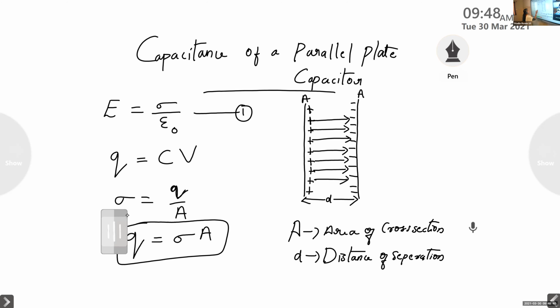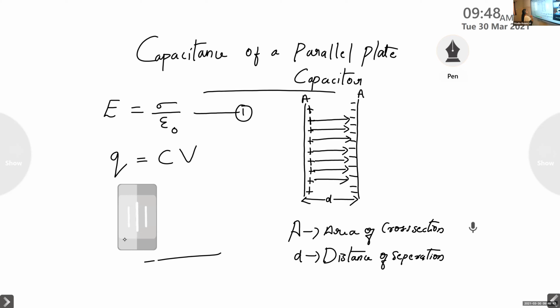Now, students, equation 1 is E is equal to sigma by epsilon 0, and Q is equal to CV. This is the expression for the charge on the capacitor.